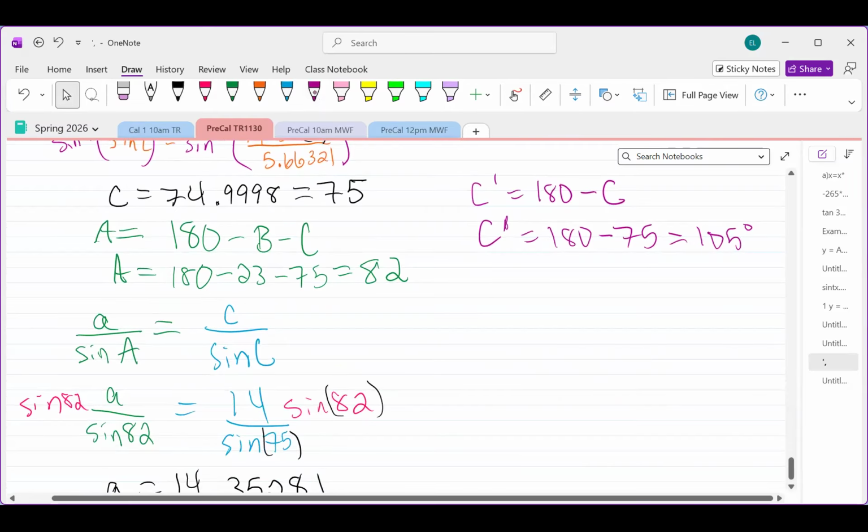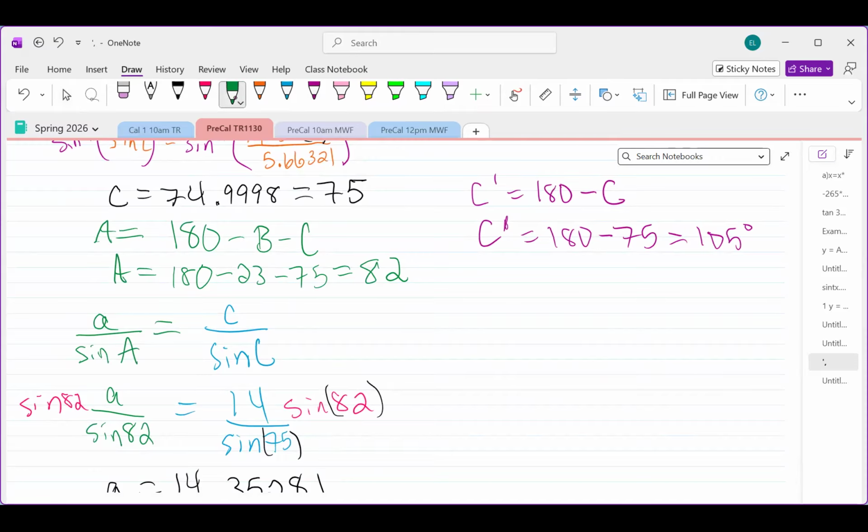Now we're just going to follow the same steps we did before after we found angle C. So angle A prime is going to be 180 minus B minus C prime. B is still 23, but C prime is now 105.